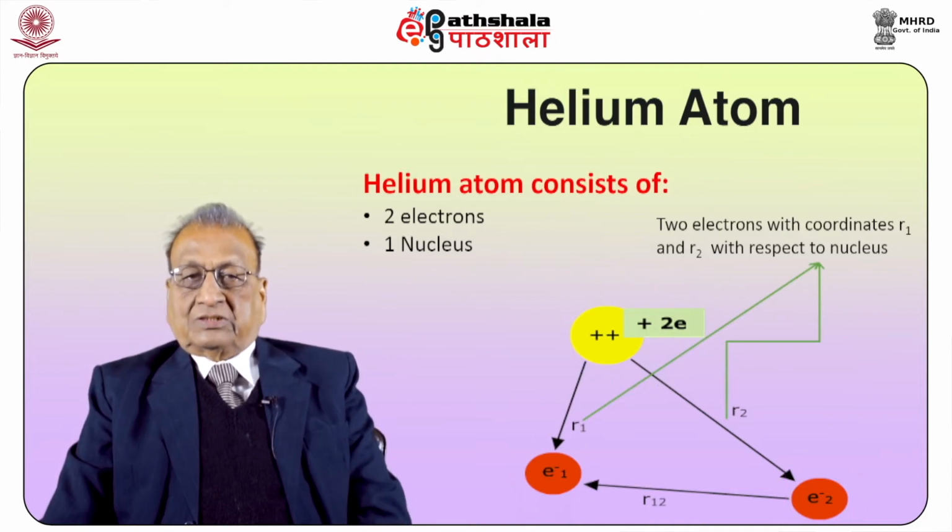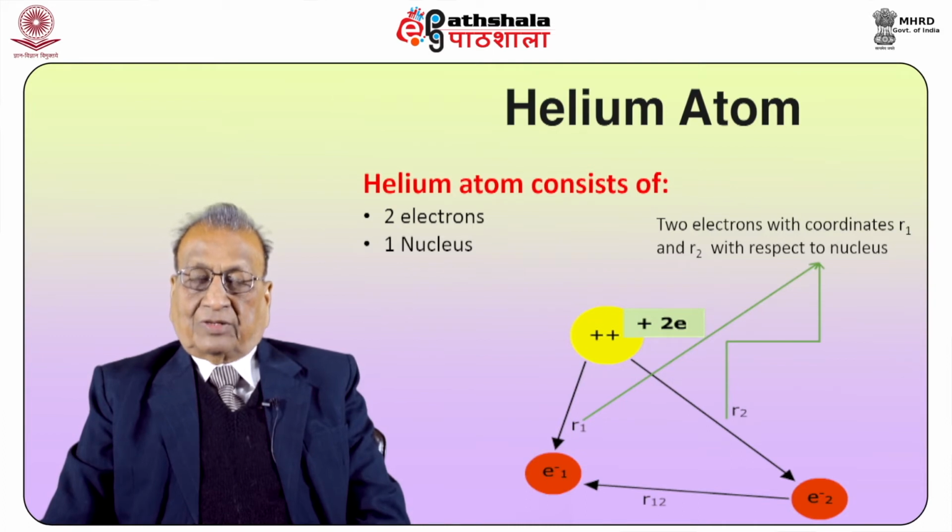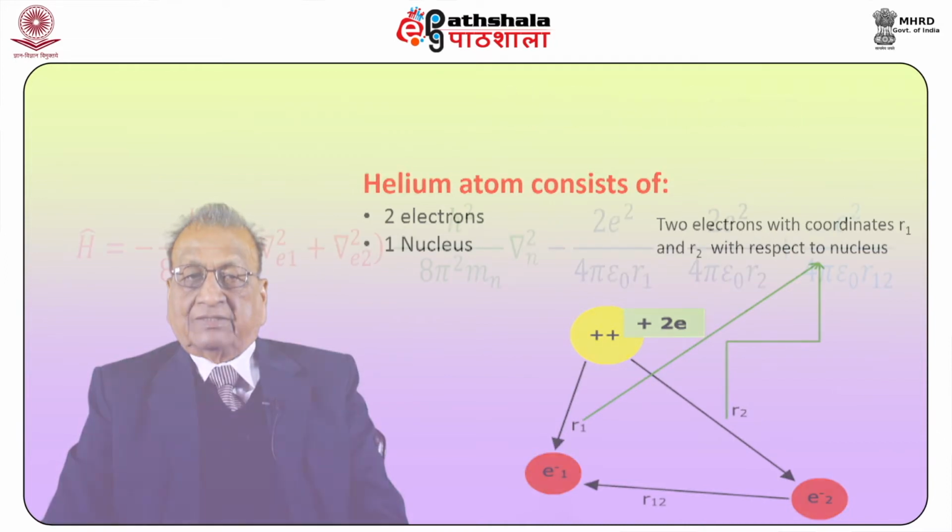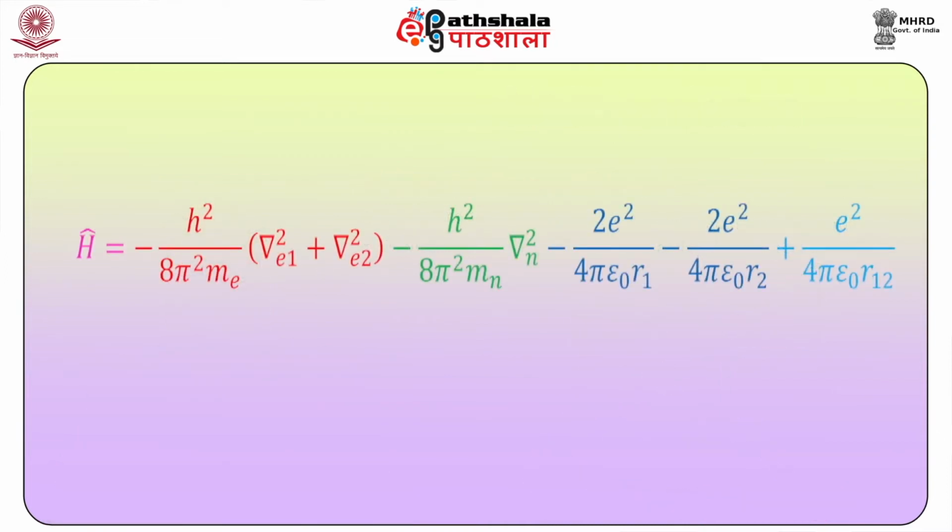The complication in the helium Hamiltonian arises due to repulsion between electron 1 and 2, making the Hamiltonian, which has the kinetic energy part of the 2 electrons and potential energy of the electrons with the nucleus and potential energy of the repulsion between the 2 electrons.